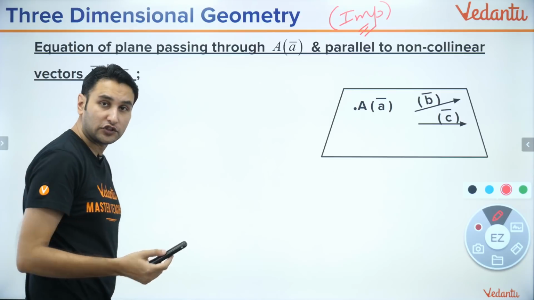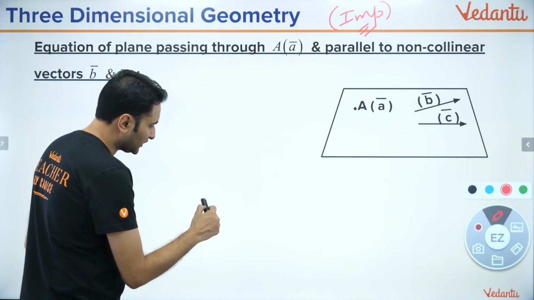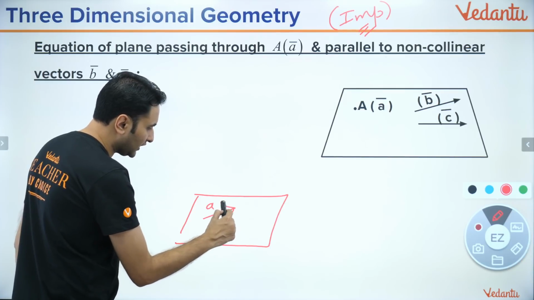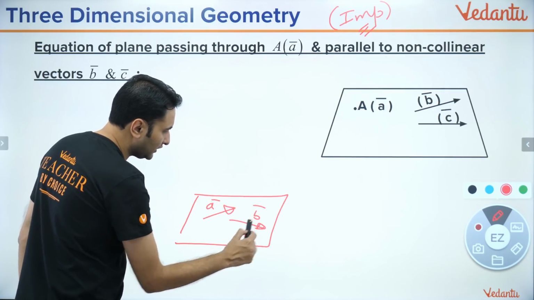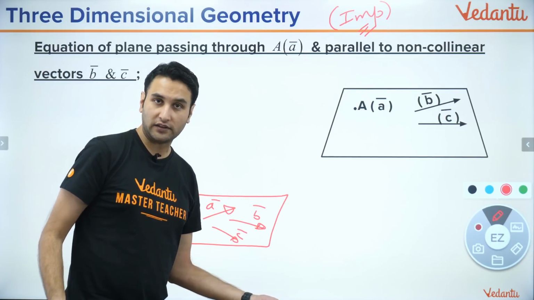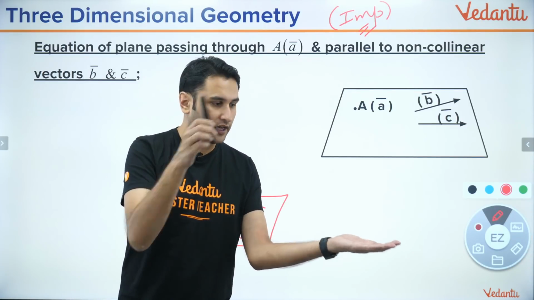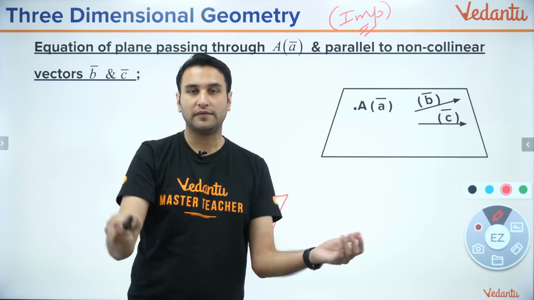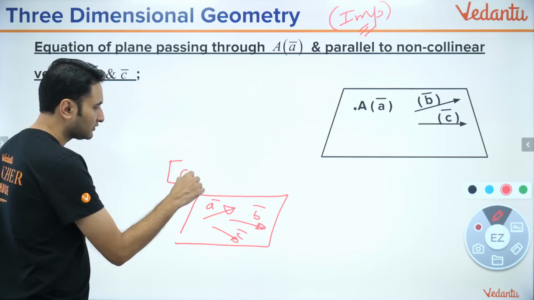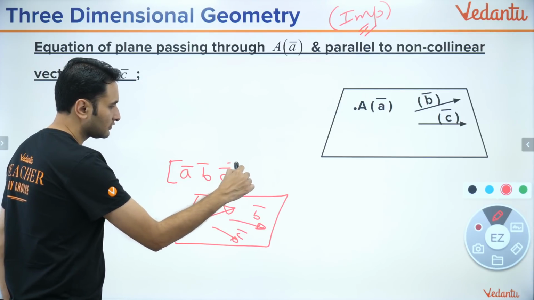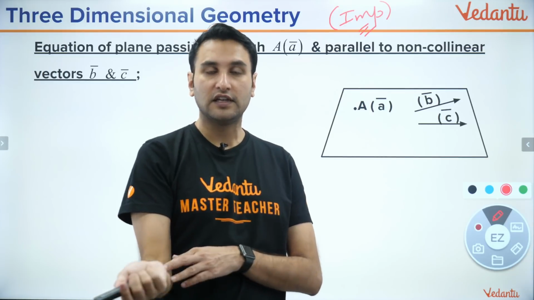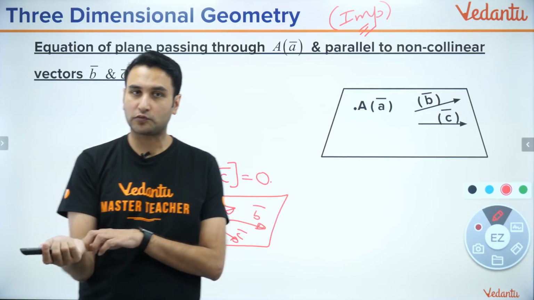If 3 vectors were coplanar, remember I told you vector A, vector B and vector C. All these 3 vectors lie on a plane, like there is a table and 3 vectors lie on the table. If 3 vectors are coplanar, children, do you remember the condition? Box product ABC is 0. In my last class of vectors, remember, the box product is 0.